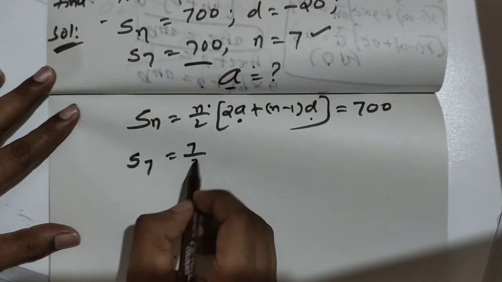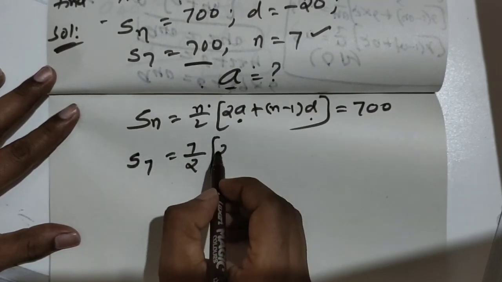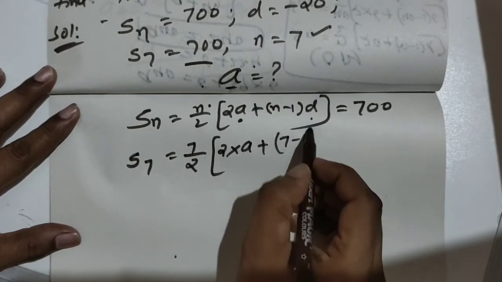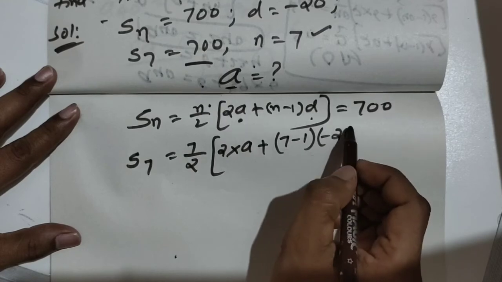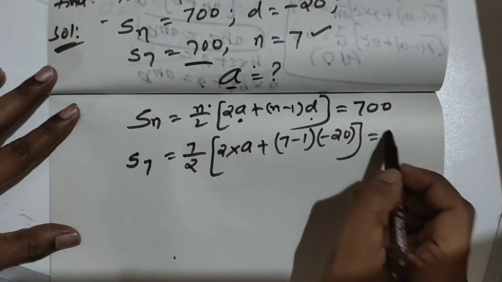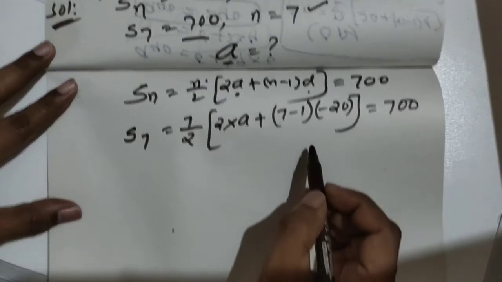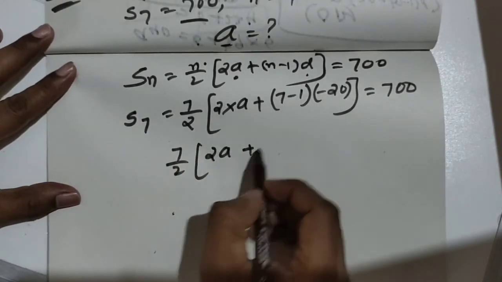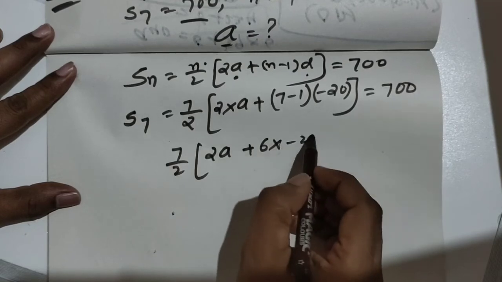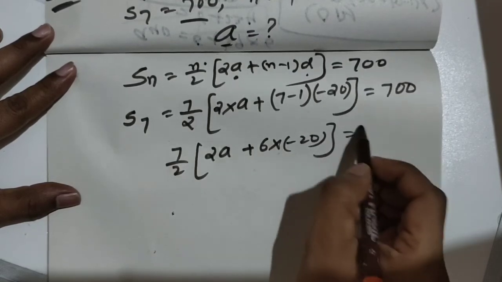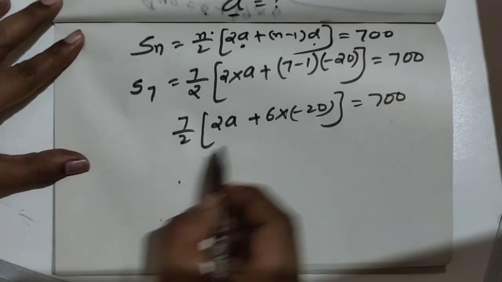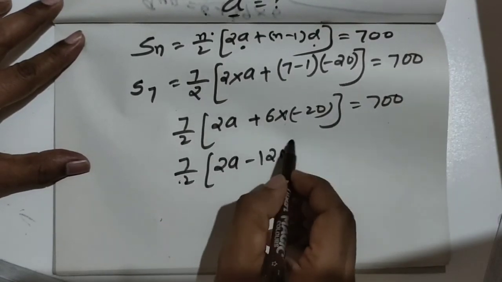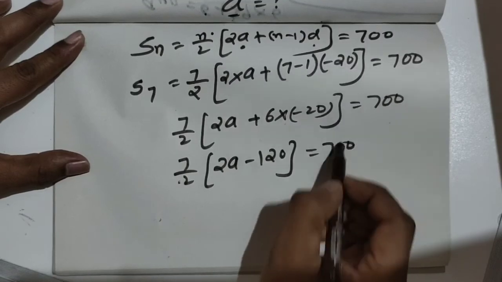Then next, apply here S7. S7 is equal to 7 by 2 into 2 into a, we need that one, plus n minus 1, 7 minus 1, d value simply minus 20. So it is equal to 700. Now 7 by 2 into 2a plus 6 into minus 20 is equal to 700. So 7 by 2 into 2a minus 120 is equal to 700.